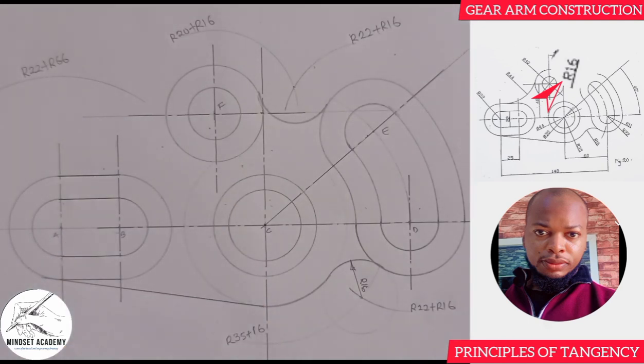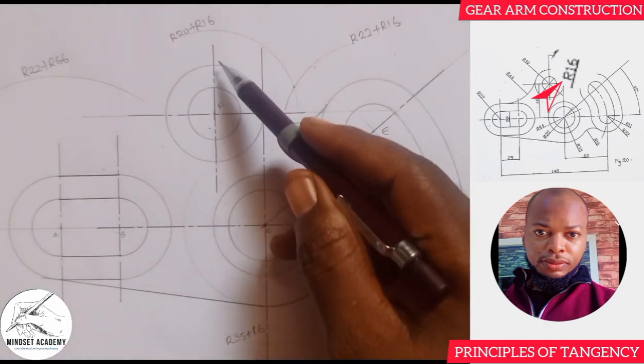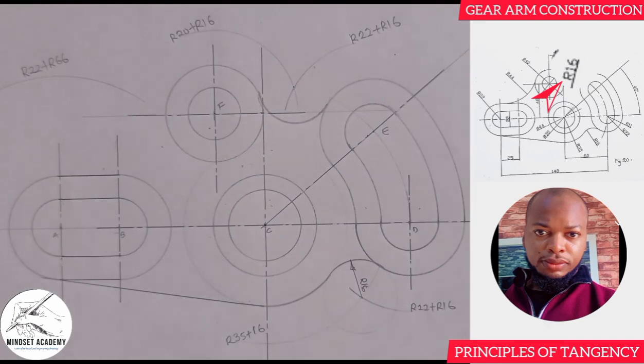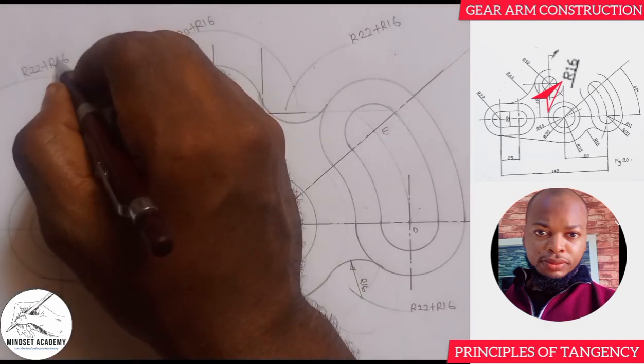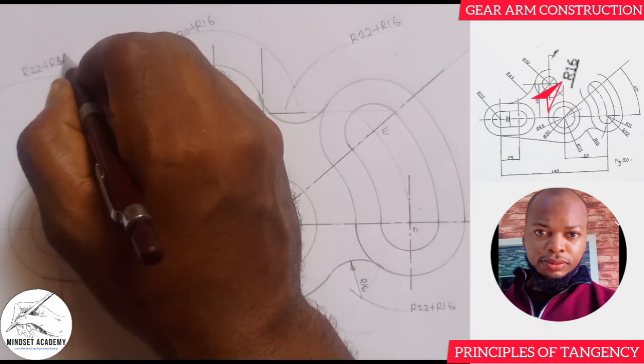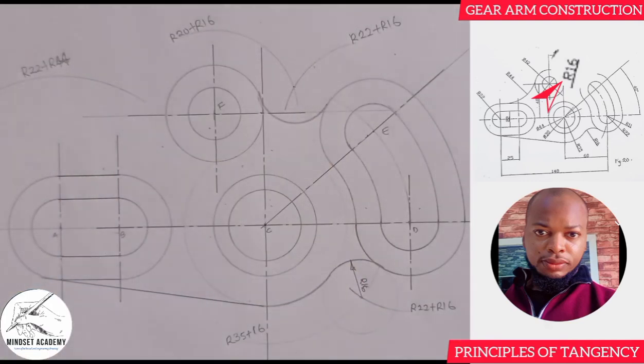And the other one here is given to be 20. So 20 plus the radius of 44. Sorry, 22 plus 44 is 66, and this other one is 44. Right? So the other one will be 20 plus 44.